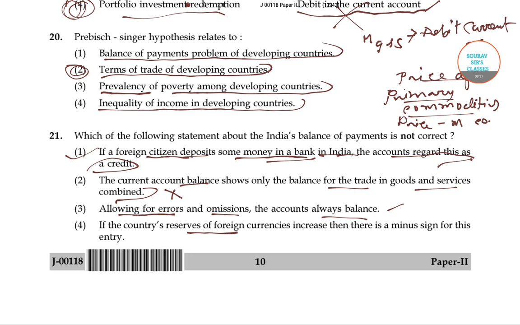If the country's reserve of foreign currencies increases, then there is a minus sign for this entry. So for question number 21, only one option doesn't seem right, that is option 2. So the right answer is option 2.